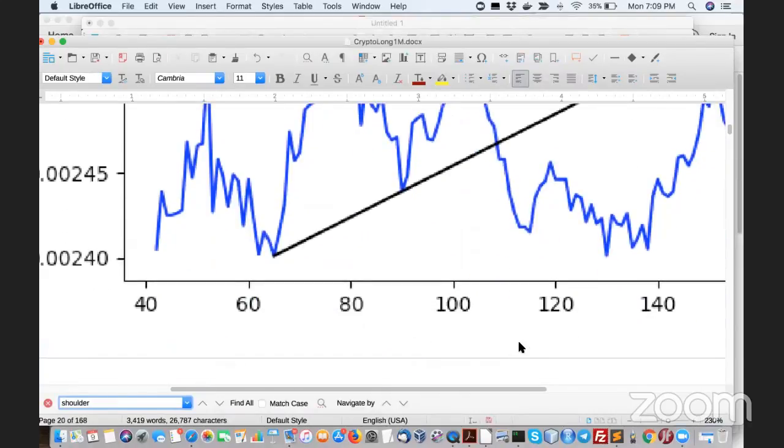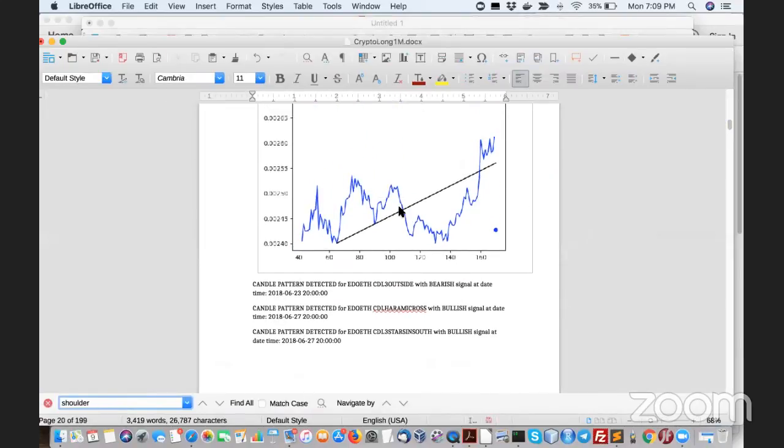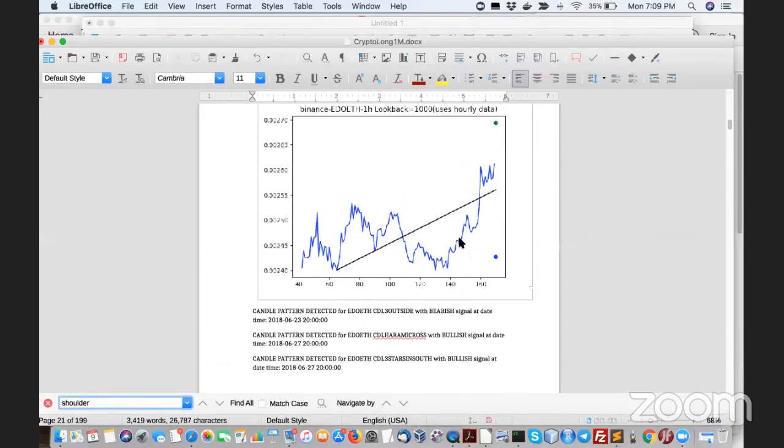Okay, so what I'm referring to here is essentially we have our head and shoulders here, we have our neckline, and then we have our price, and it breaks through that neckline. Then what happens is we have two dots here, the green and the blue. Basically, this column, which I'm not sure if it's useful, but it can be.